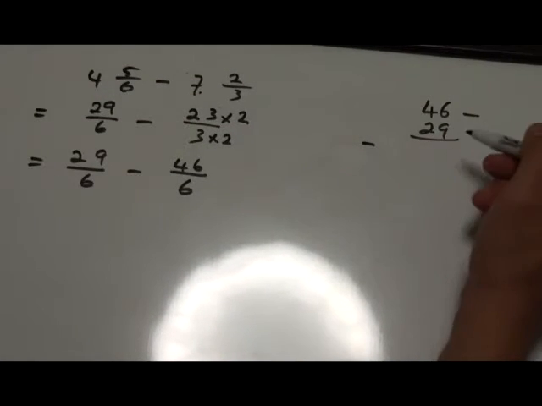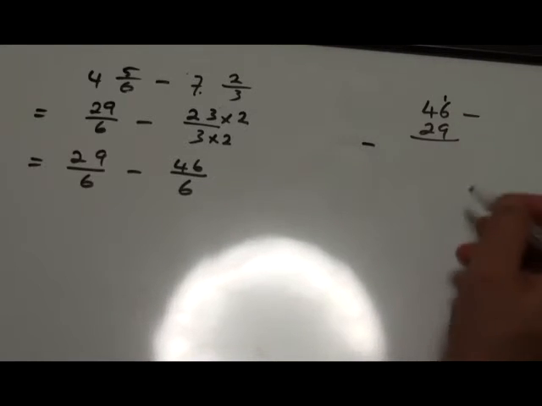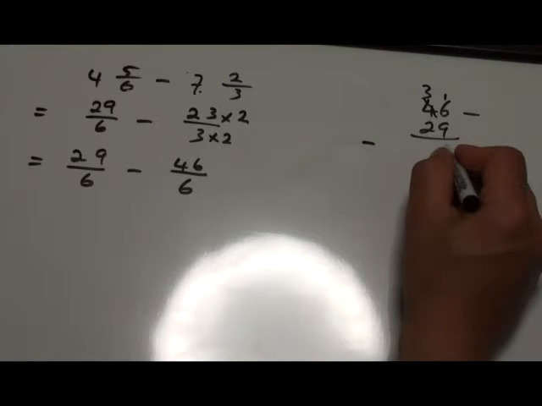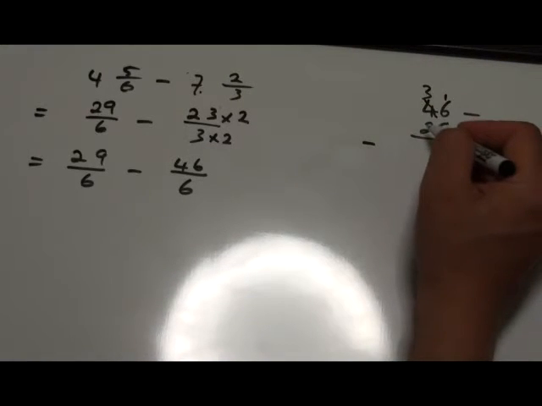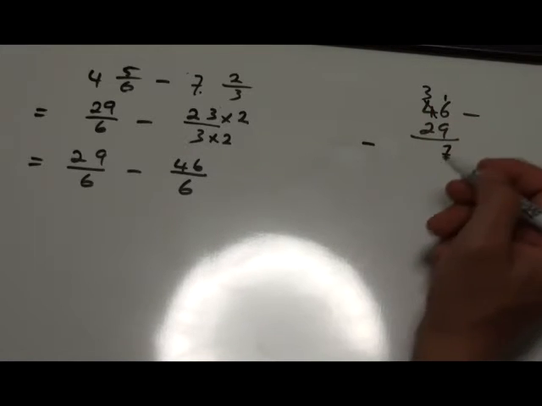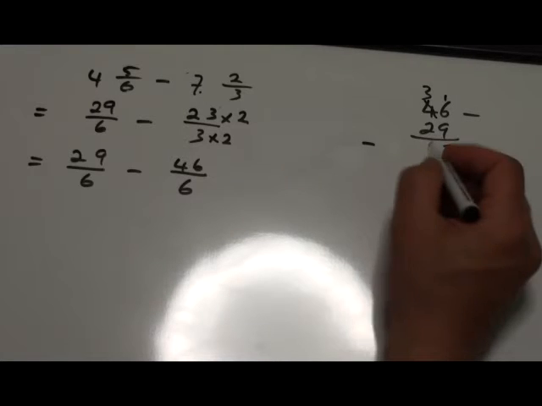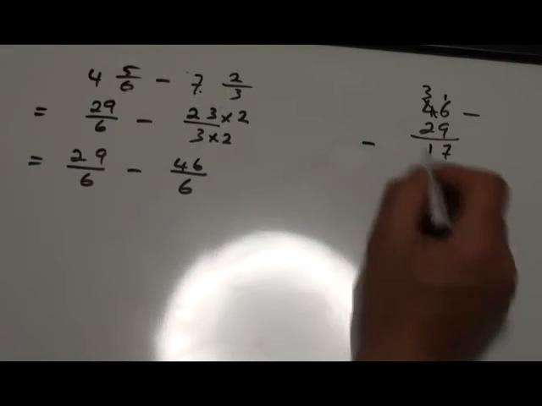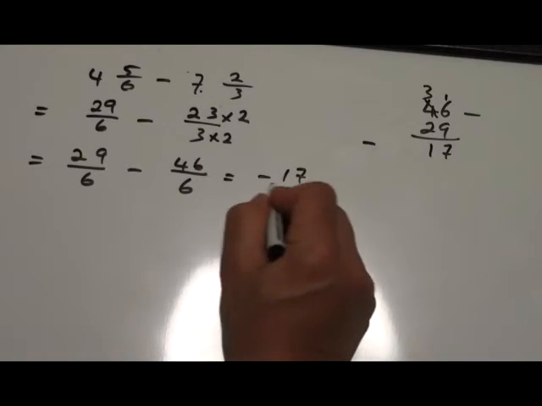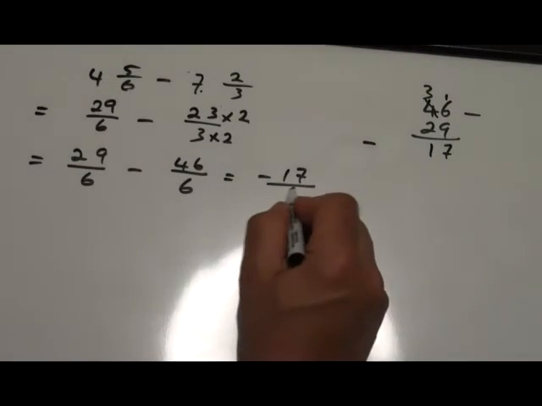What's 46 take away 29? Well, you borrow 1. This becomes a 3. 16 take away 9 is 7. 3 take away 2 is going to be 1. So my answer actually is minus 17, and it's over 6.